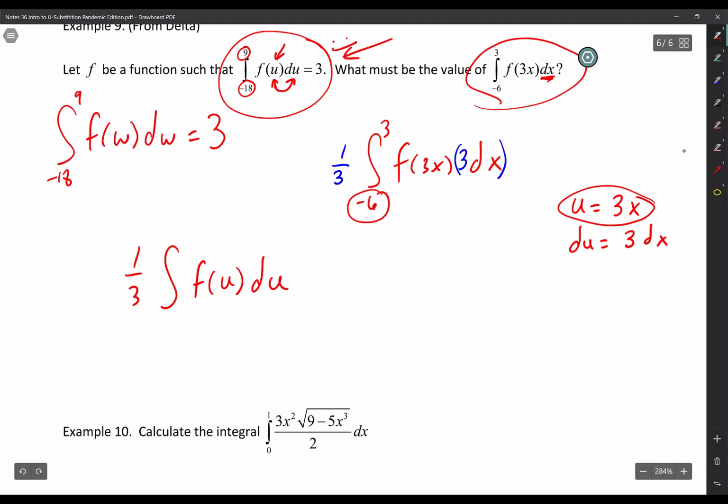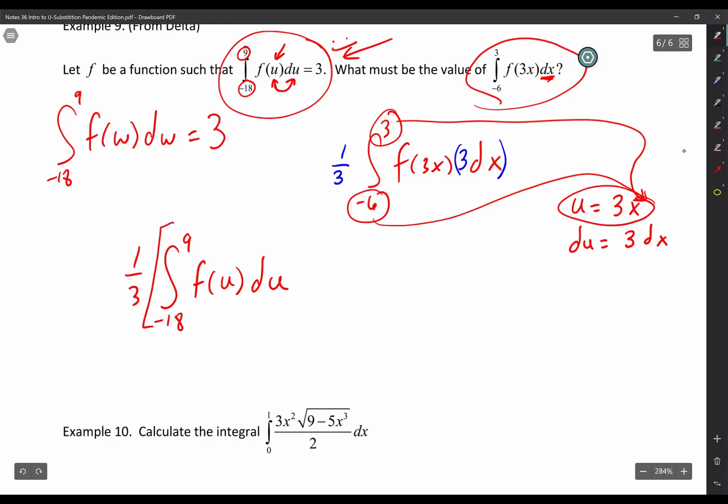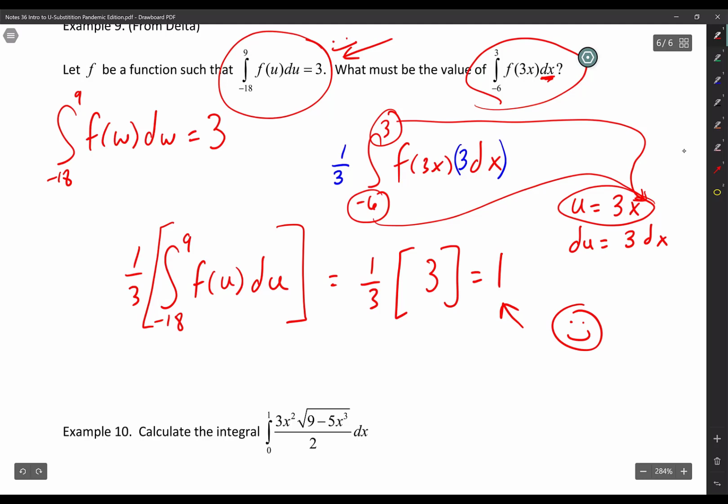Plug in a -6 in here: 3 times -6, that's -18. And then plug in the 3 in there again: 3 times 3, that's 9. Oh, look at Delta, they're so funny. One-third times 3, you just get a 1. Just a 1.